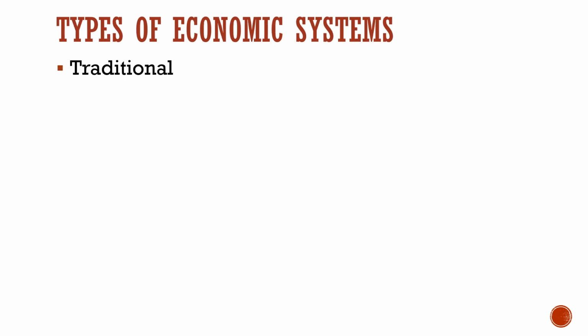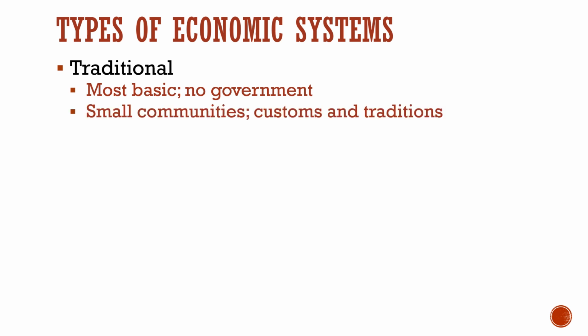So these types of systems, so the traditional economic system is kind of a bartering. So it's the most basic. There's no government involved. So this is very rarely seen, at least in most regions. So these would be more small communities. So their customs and traditions, they're more about bartering, so trading more than using cash or buying things.